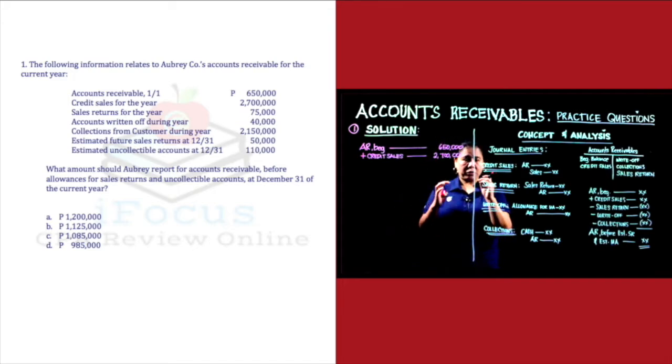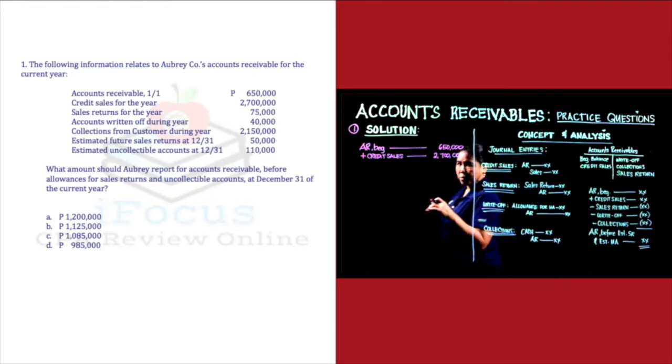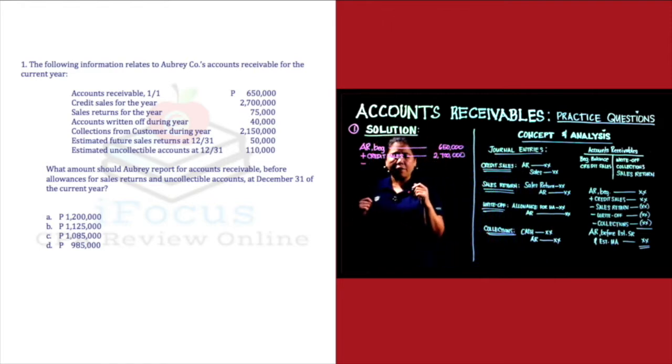Another item is sales return for the year. So sa sales returns, ang entry natin is debit to sales return and credit to accounts receivable. So kapag ang transactions na yun ay nasa credit side ng iyong normal balance, minus yan sa ating accounts receivable. So we minus our sales return for the year of 75,000.